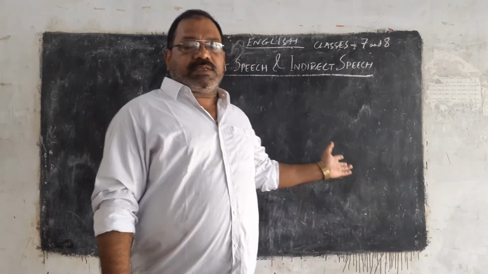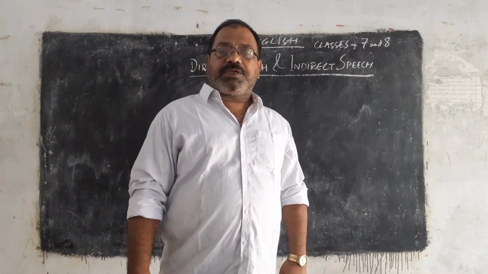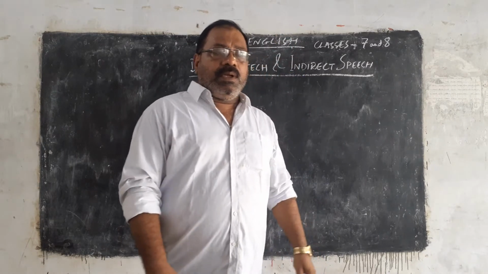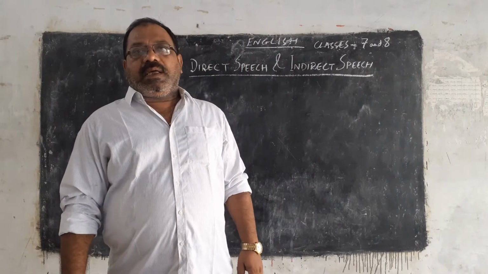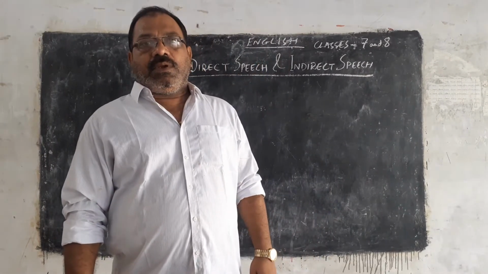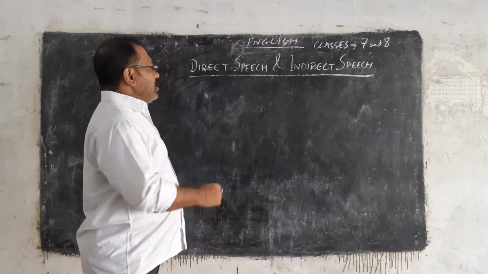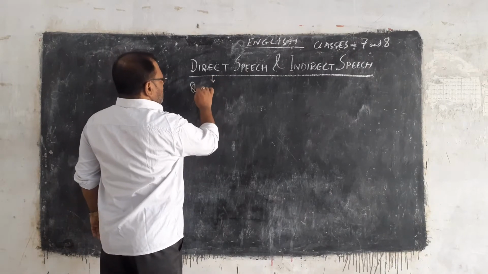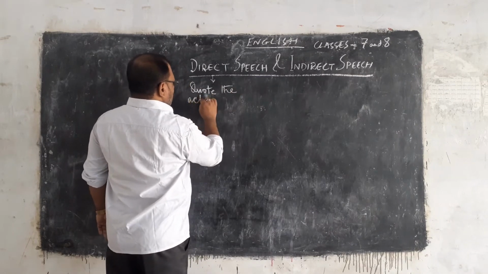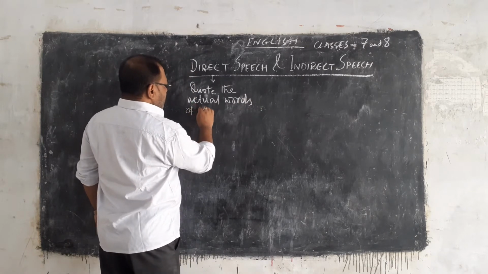Today, let's learn and understand direct and indirect speech, that is reported speech of English grammar. Now, in English, there are two ways of relating with each other. One, when we quote the actual words of the speaker.